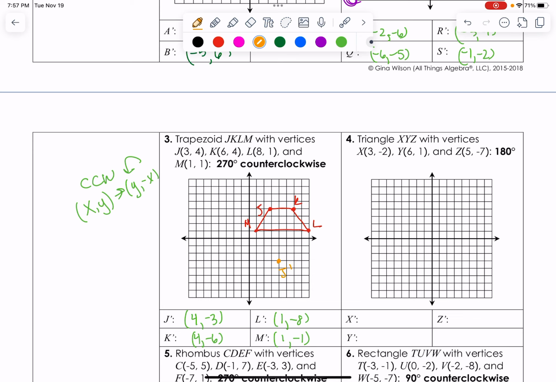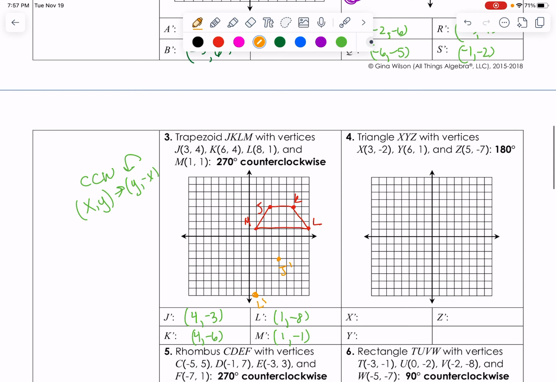L should be 1, negative 8. That's L prime. 4, negative 6 is right here. That's K prime. And over 1, down 1 is M prime.